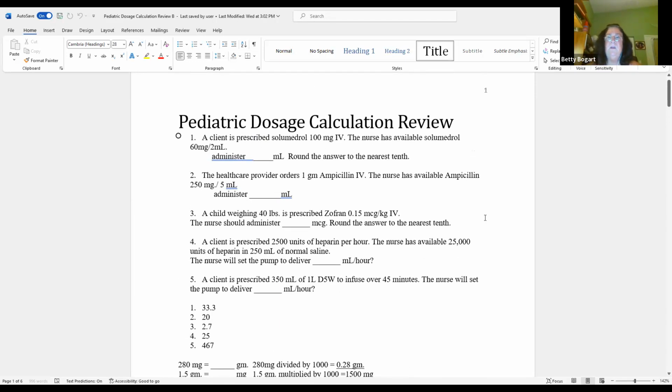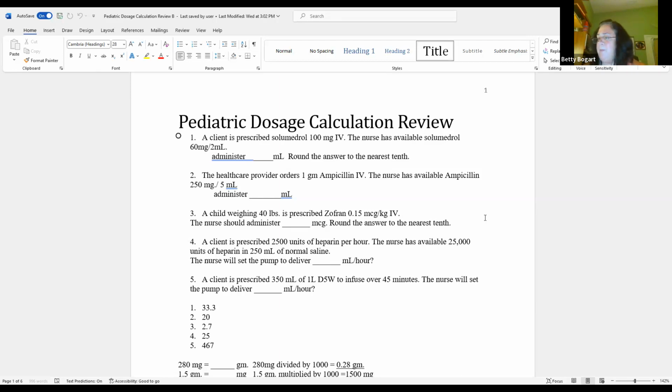All right. First question. When you say prescribed, order, need to deliver, these are a dose that needs to be delivered. So, question number 1 here. We have a dose that needs to be delivered. Prescribed, whatever the name of the medicine, I don't care because we're looking at doses, not names.